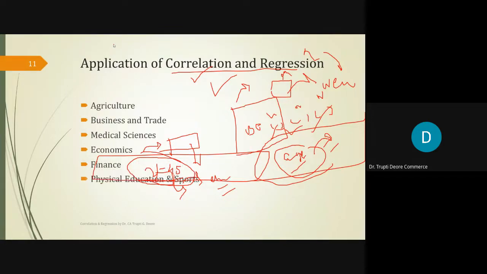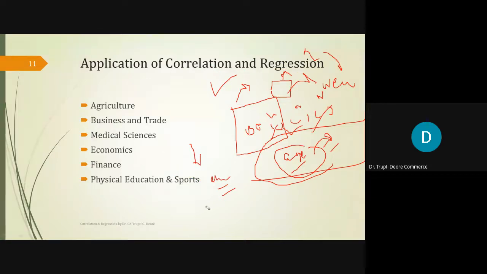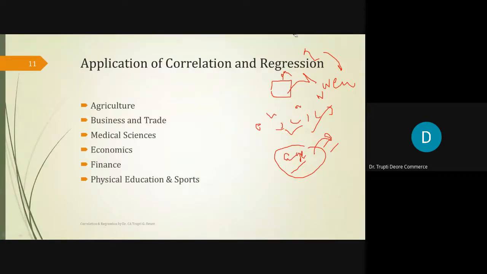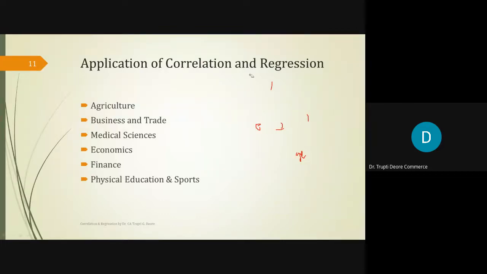Then in the field of physical education and sports also, it's very helpful because it has more impact on your analysis, that is, which game or which sport is more to be flourished, what is the age group for that particular sport, and what height is to be defined for the particular sports activity. Then what are the aptitude tests for the players, because without the aptitude test, any person cannot be a sportsman.